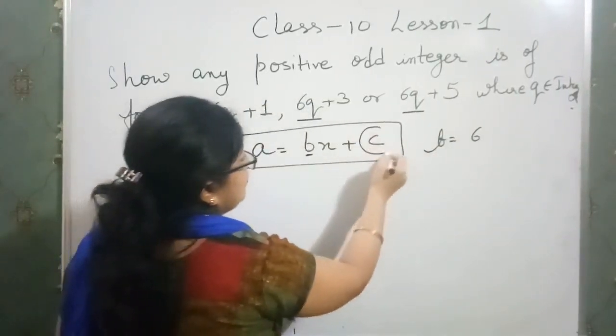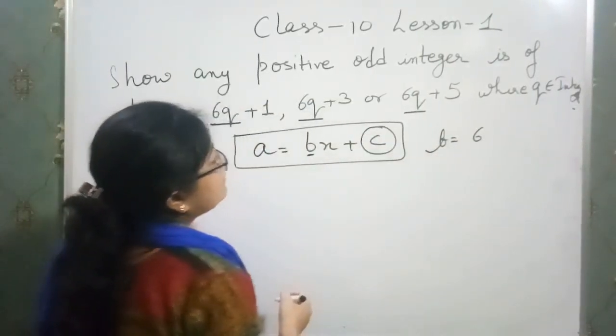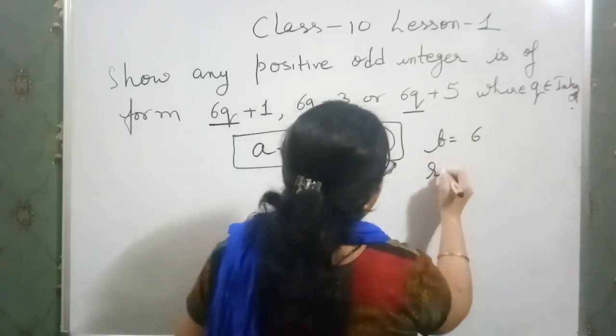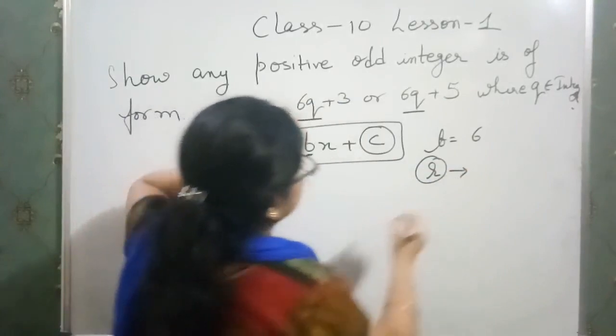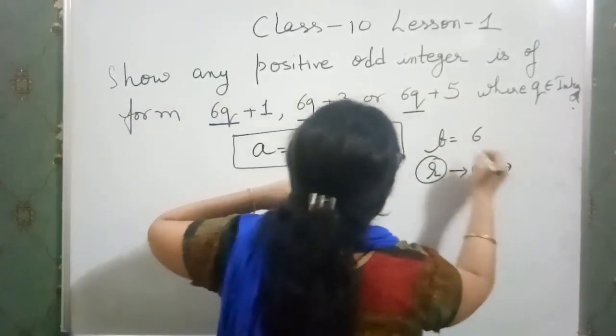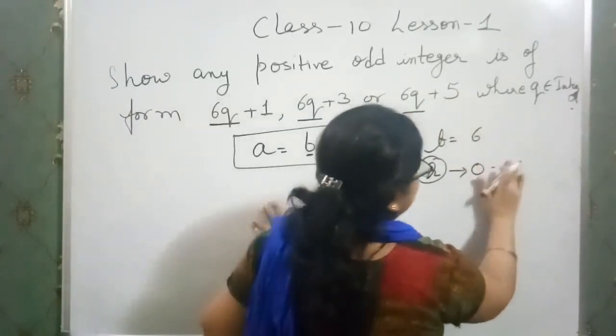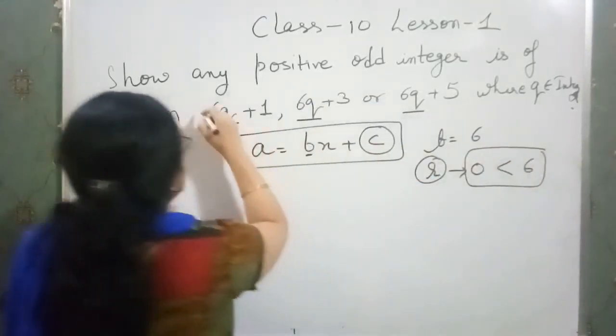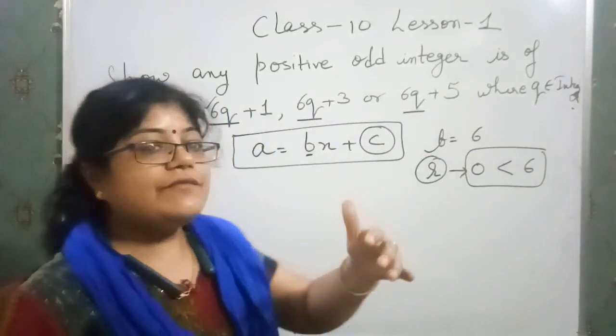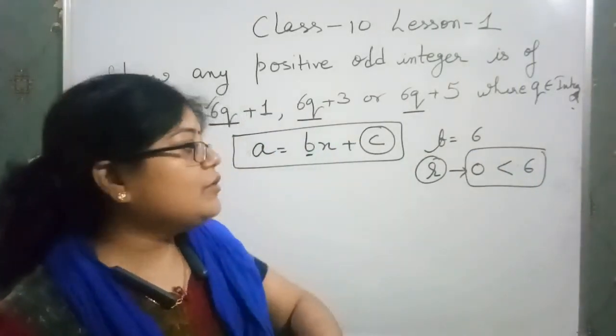And the value of r here is from 0 to less than 6. Why? Because this value is 6, so we have to take the values below 6.